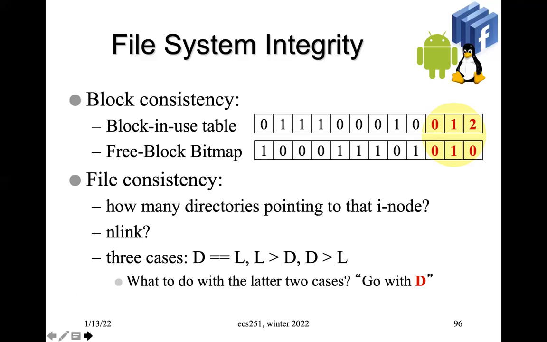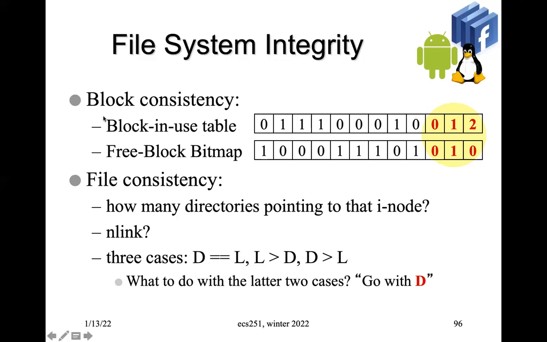Professor, I have a question. Go ahead. In the free block bitmap, what does it mean if the counter is 2? Okay, the free block bitmap won't have 2. The free block bitmap is a binary array. It's maintained by the file system, so the value could only be 0 and 1. It's maintained by the operating system as we allocate the hard disk.